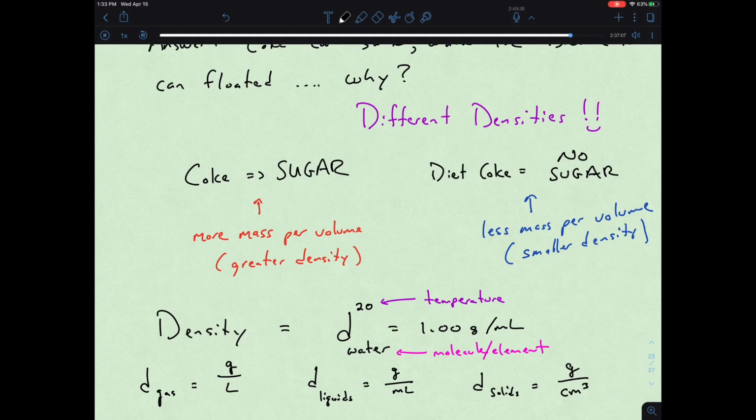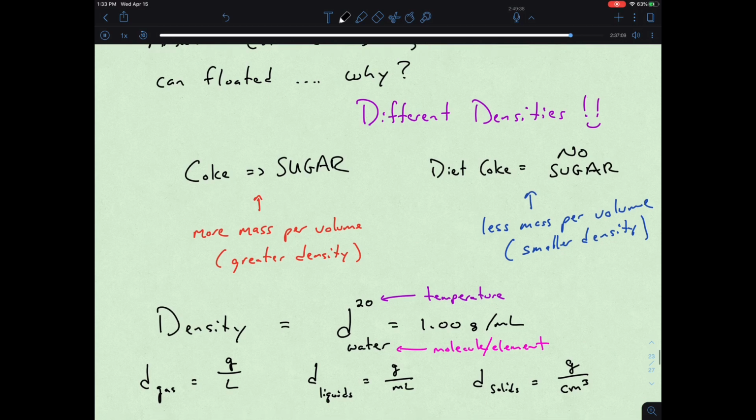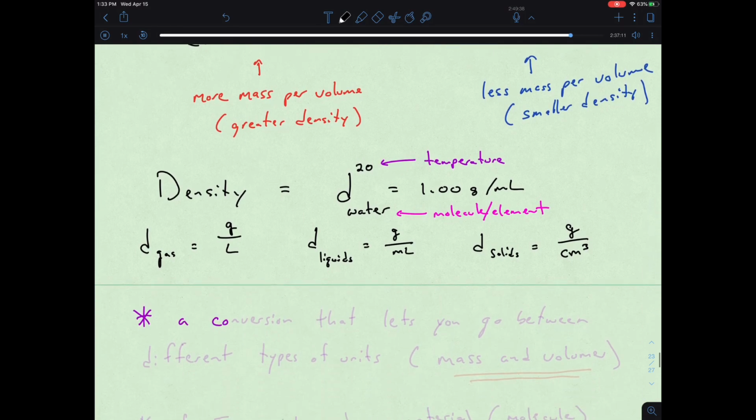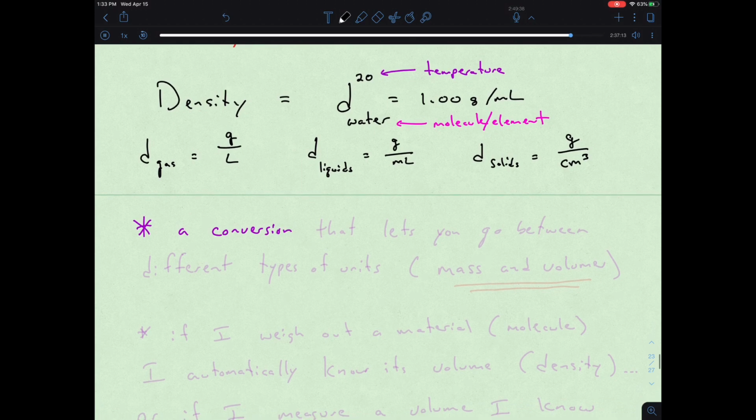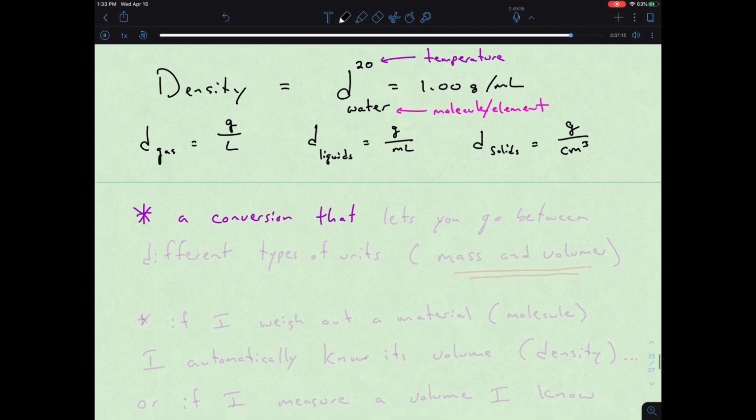So what is this good for? Well, this is now a conversion that lets you go between different types of units.